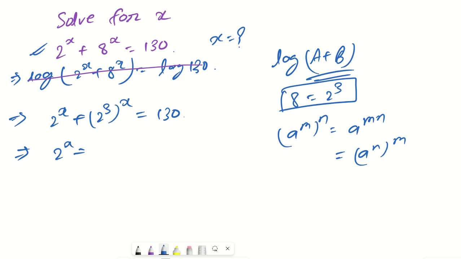So let us do that. 2 to the power x plus (2 to the power x) to the power 3 is equal to 130. Now this has become a very straightforward question. Something to the power x plus 2 to the power x cube equal to 130. Why don't we consider, let us say, y is equal to 2 to the power x.